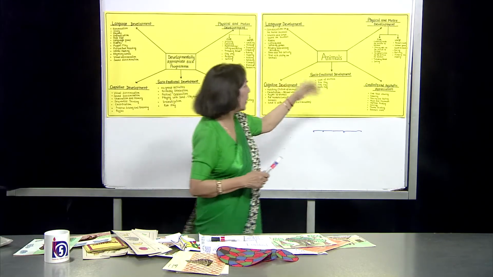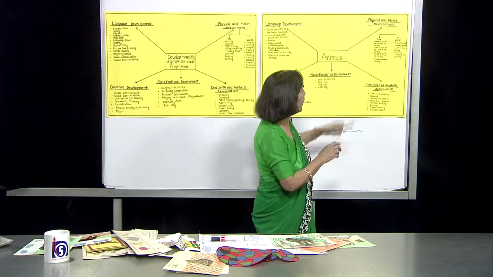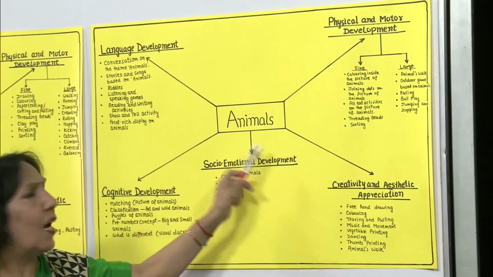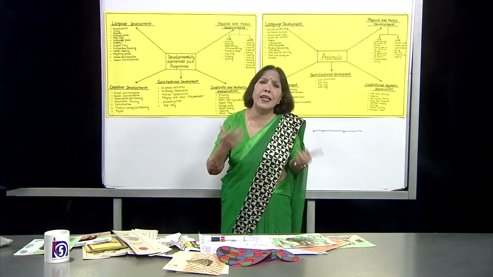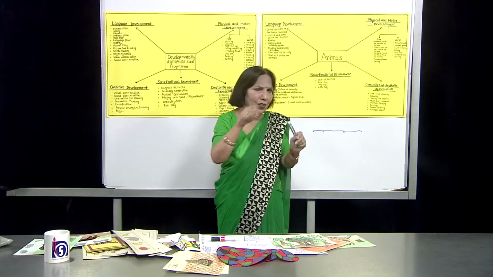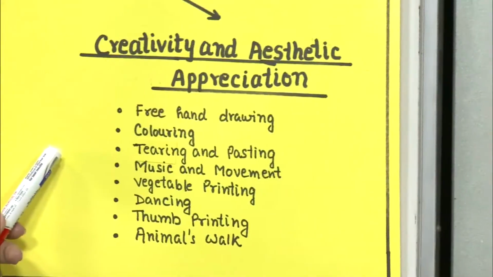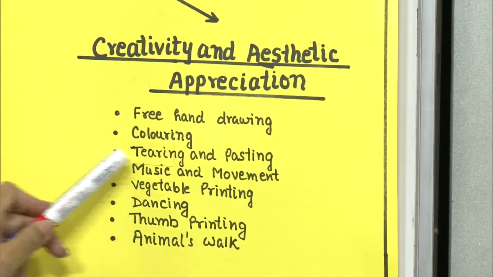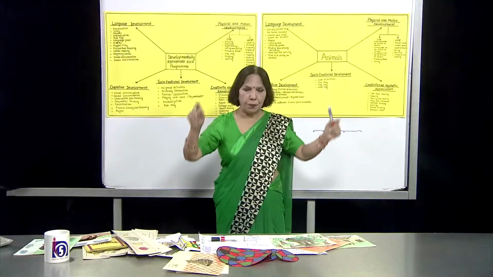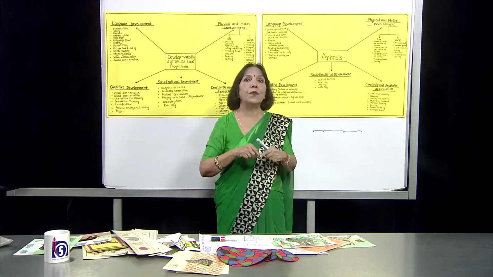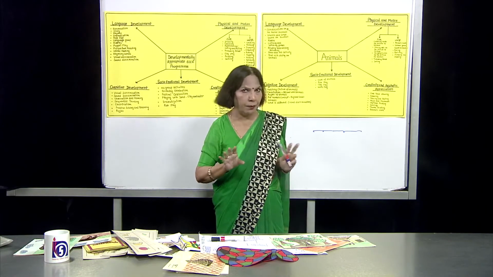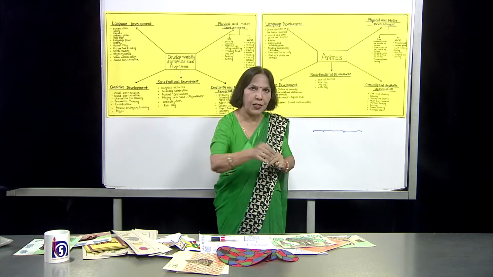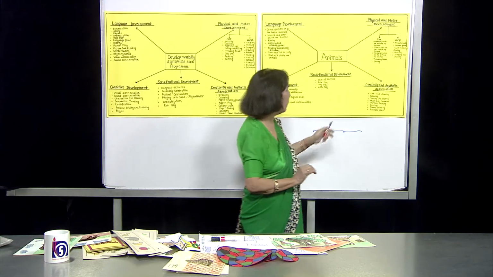So, all these. The last one, creativity and aesthetic appreciation. Freehand drawing, ask the children to draw any animals they like. So, they will draw. And coloring inside the animal's picture, tearing and pasting, there will be an outline of any animal, and ask the children to tear the paper and paste inside the animal's picture.